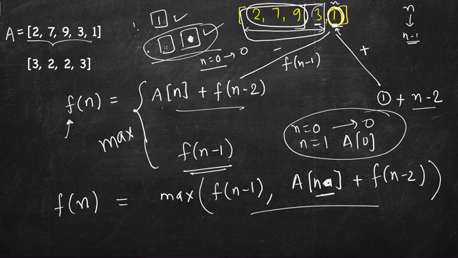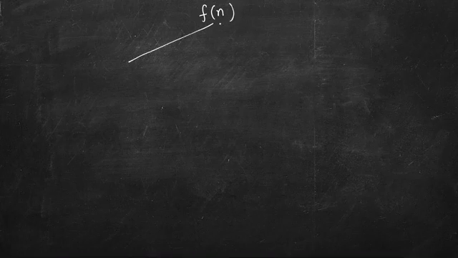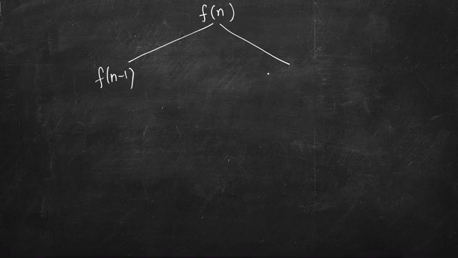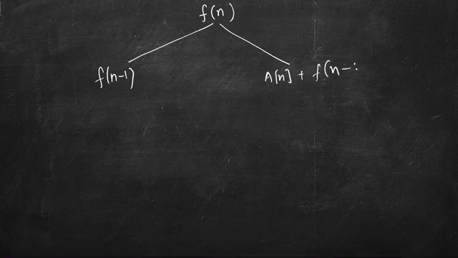Otherwise, this recursive formula. So this will work, but there is one problem. So let's see what is the problem. We have fn. We are trying to solve it, and we are expanding it as fn minus 1 and an plus fn minus 2. So let's ignore these things for now. These are constants. So for solving fn, we need fn minus 2 and fn minus 1.